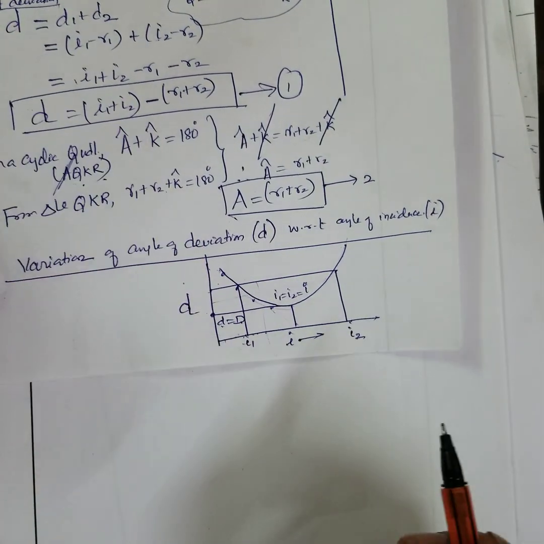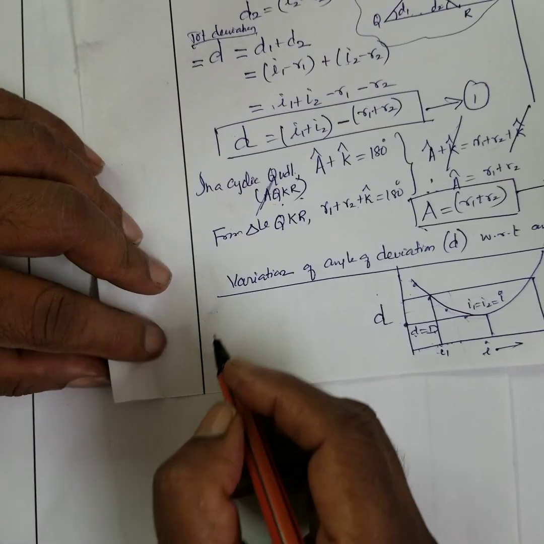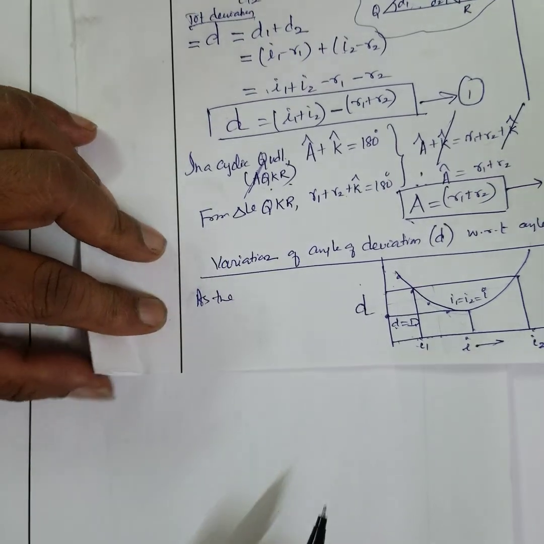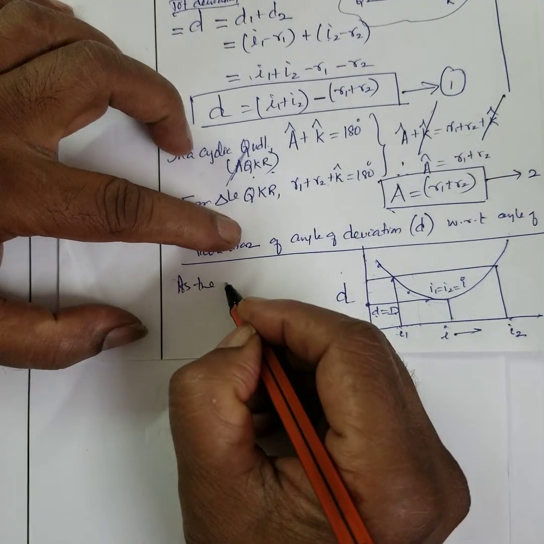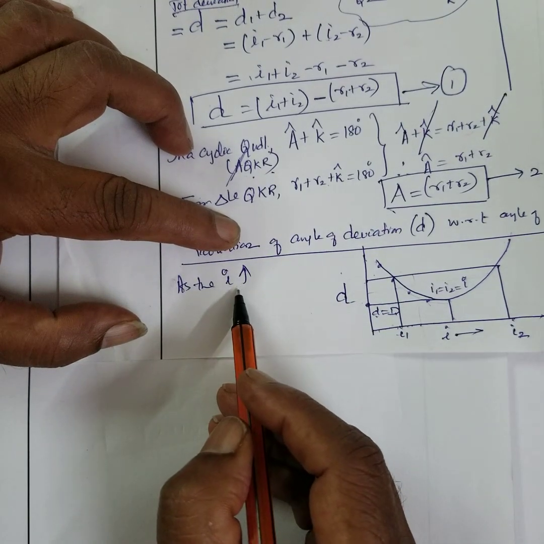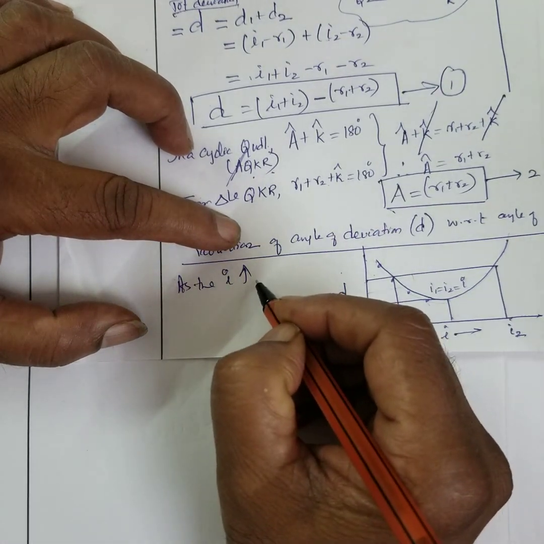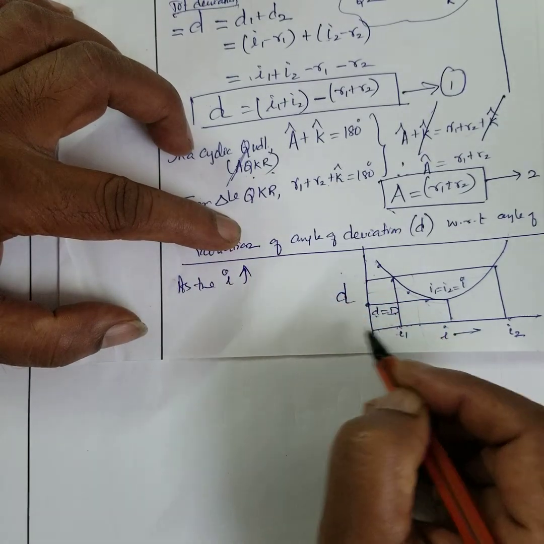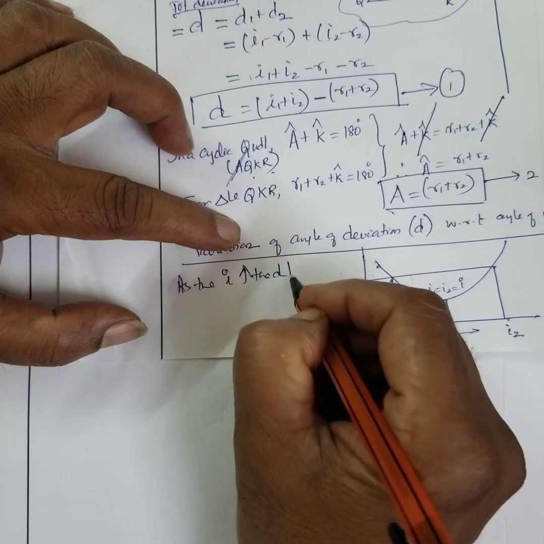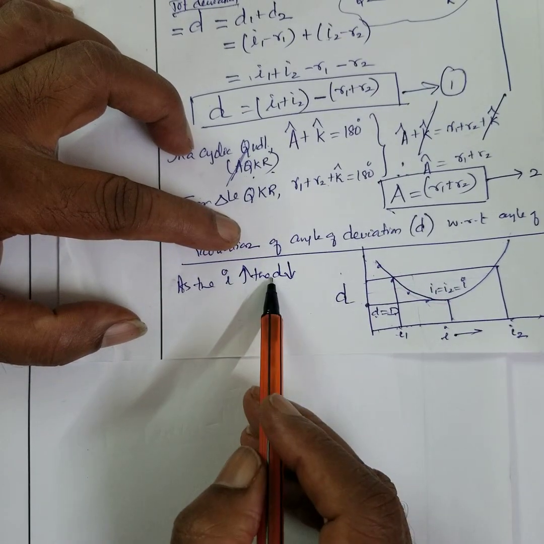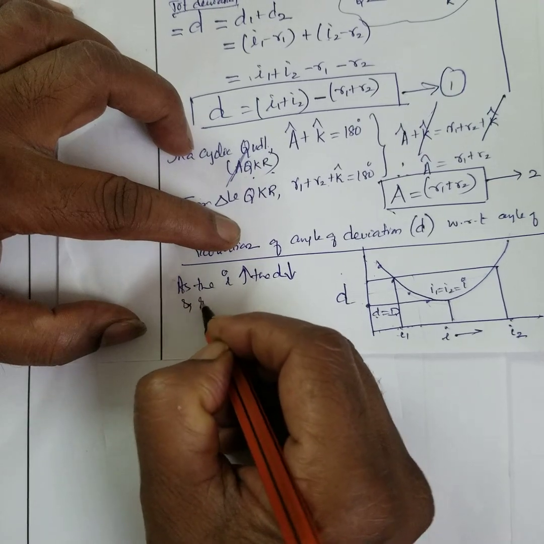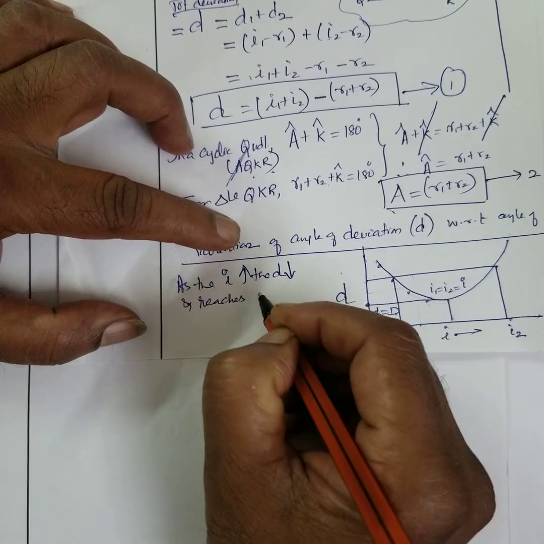Therefore, here you have to write the sentence: as the angle of incident increases from a smaller value, the angle of deviation decreases and reaches a minimum value.